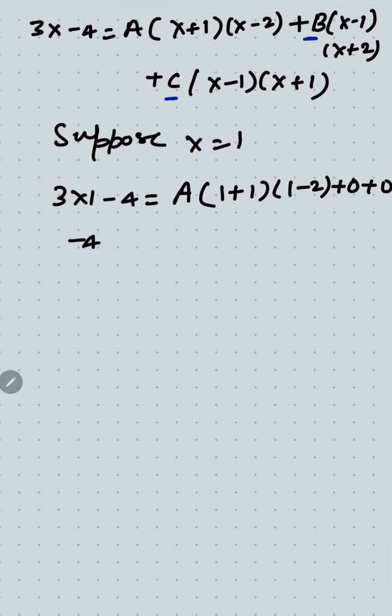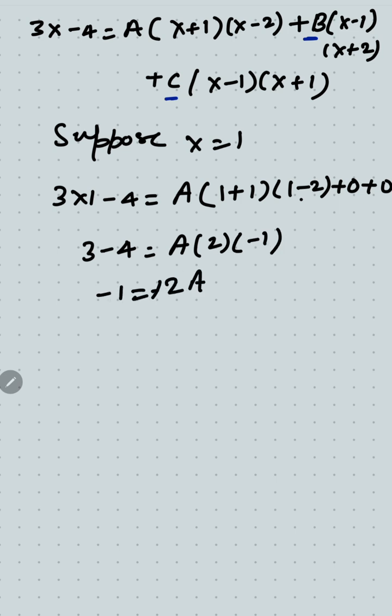So 3 minus 4 is negative 1, which equals 2a times negative 1. Then negative 1 equals negative 2a, then a will be 1 divided by 2.